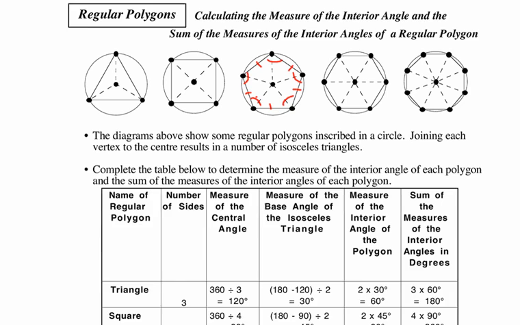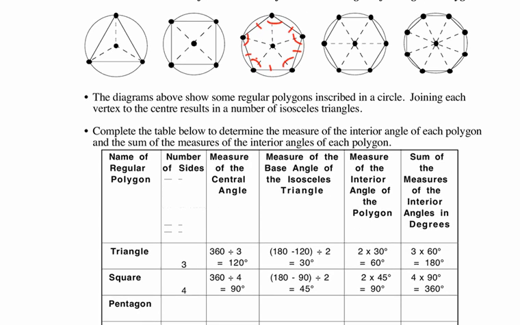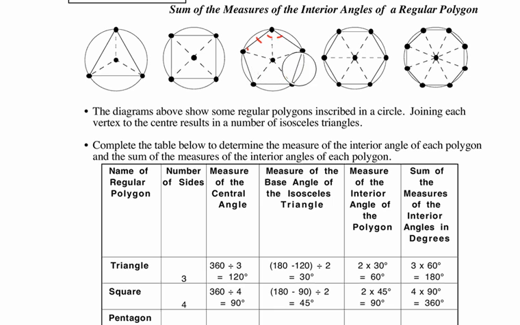So here's a little investigation. What we're going to do is just the pentagon. Here we have a pentagon inscribed in a circle, and in the center of the big pentagon, they draw a line to touch each vertex. We know this full circle is 360 degrees.